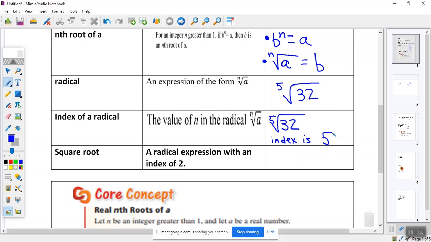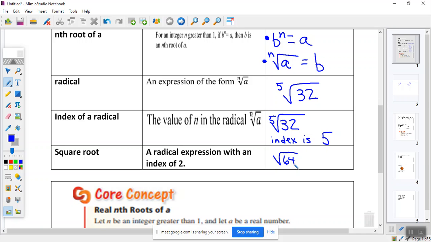Now, guys, you've seen square roots before. If I would write down square root of 64 like this, kids, I have a question for you. Are you ready for the question? What's square root of 64? 8. But guys, what's the index up there? How many 8s does it take to make 64? 2 of them.